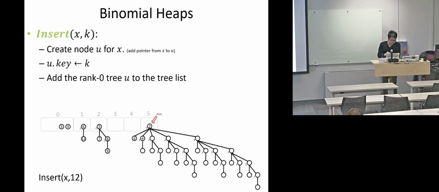For example, if I want to insert item X with value 12, I just create that node and add it to my tree list. That's it, nothing much. And this is rank 0, so I put it into this 0 bucket.